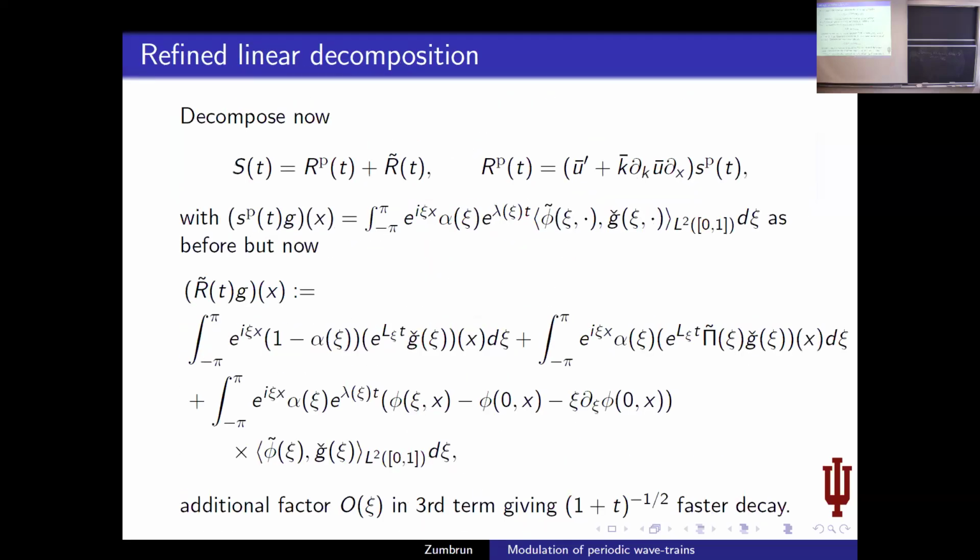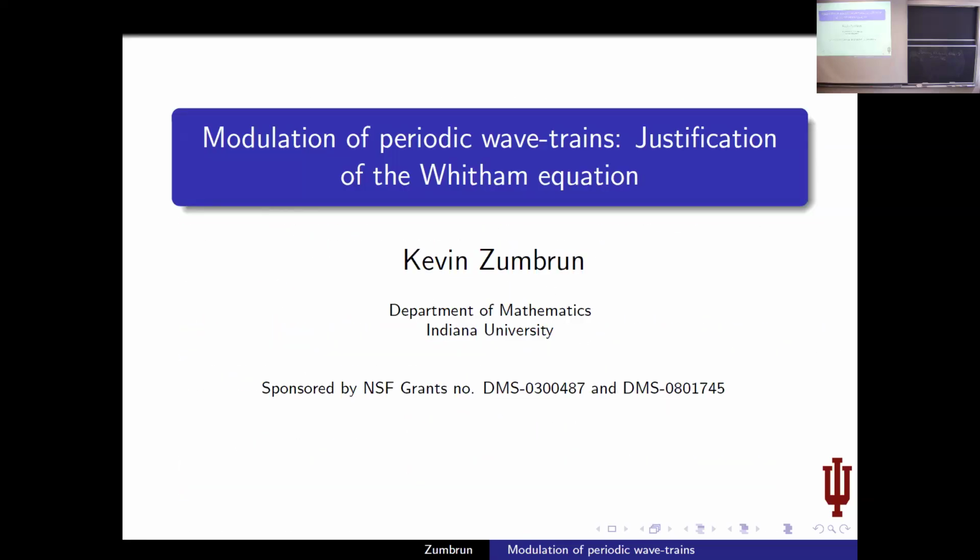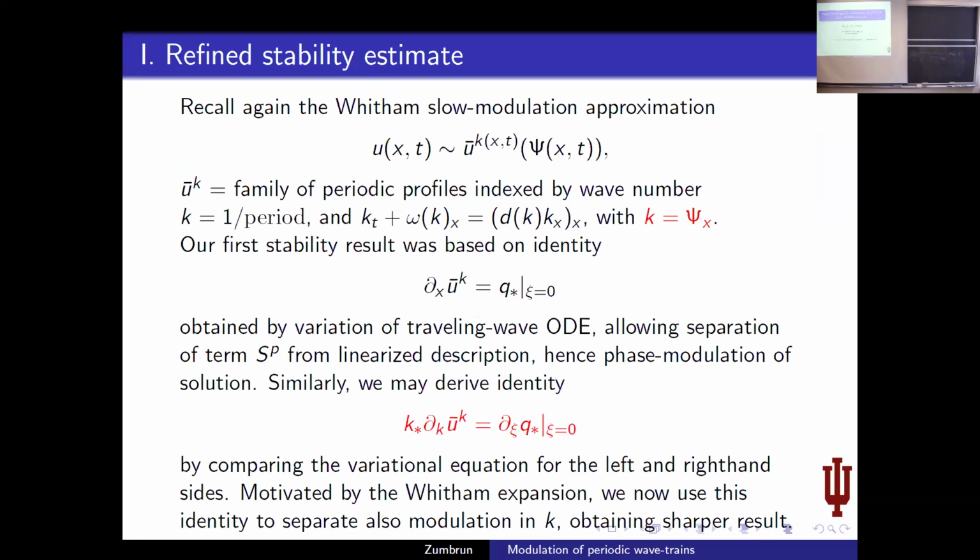Okay, so this one, we're now going to justify this with a modulation equation so that we can extract the behavior and that it does coincide with them. I'll write it again. This is the approximation we have in mind, indexed by the wave number k, which is changing slowly, and then the psi.